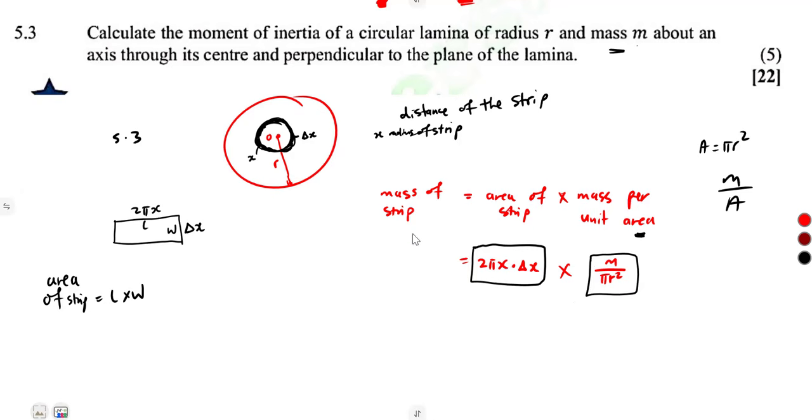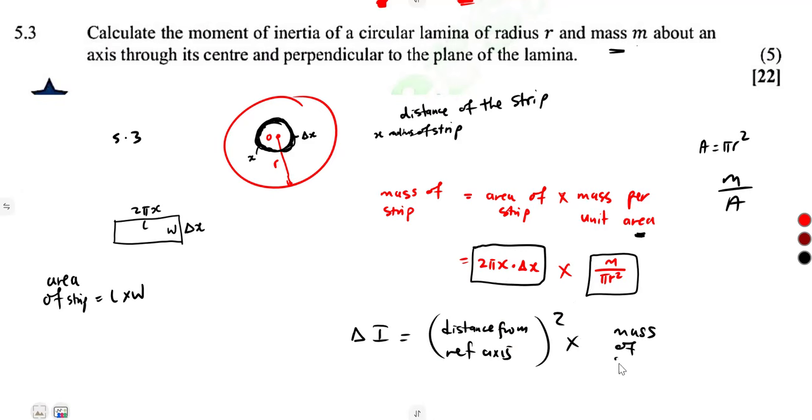This is the mass of strip, and that is going to be used now in our calculation of inertia, because our inertia is simply going to be given by distance from the reference axis squared times mass of strip.